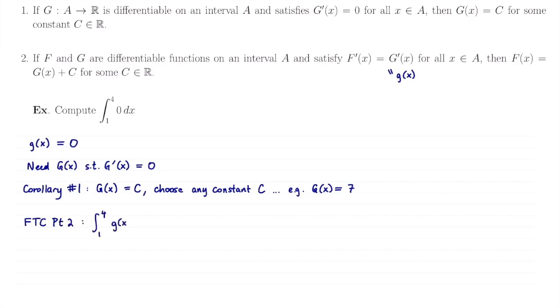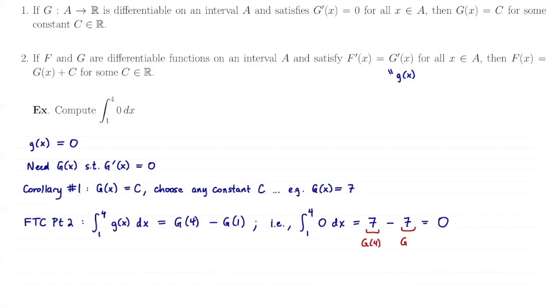Okay, so by the fundamental theorem of calculus part 2, the integral from 1 to 4 of little g of x dx will be capital G of 4 minus capital G of 1. Therefore, the integral from 1 to 4 of 0 dx is equal to 7 minus 7, which of course is 0. That's an unsurprising result because how much area sits under the function with height 0? 0 area.